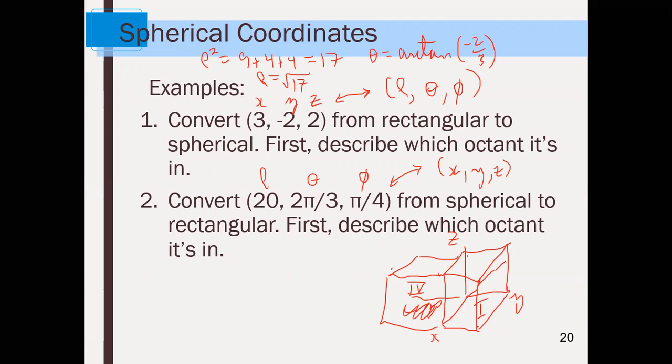Who knows what that is, but we can do it. Now, what about phi? What do I do with that? That's right, it's arc cosine of z over rho. So arc cosine of z, which is 2, over the square root of 17. It's exciting. Whatever that is, we can sort those things out.